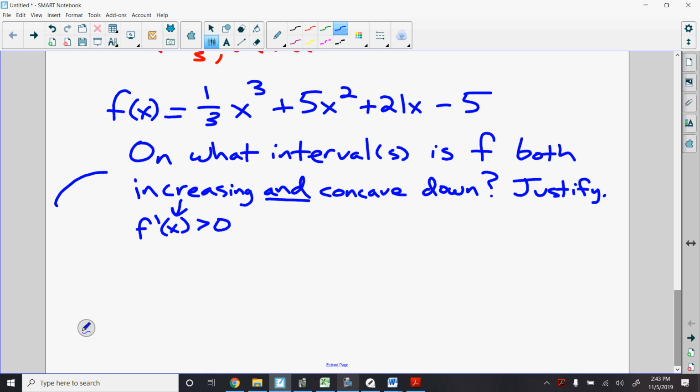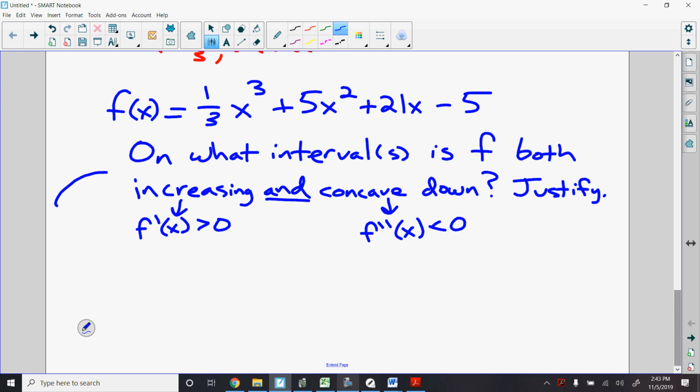But what about the second part of the definition? Concave down. Concavity relates to the second derivative, which means our second derivative must be negative. Those are the two things that I need to consider. And I have to meet both of those in order to report it.